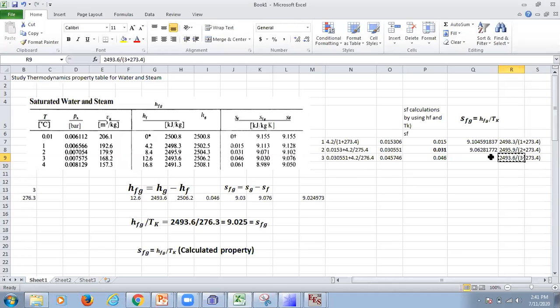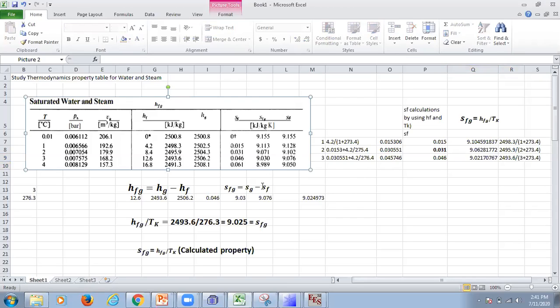So copy this, paste, sorry. So we get the value for the formula 9.021.